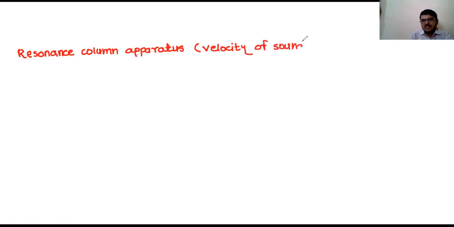How do we determine velocity of sound? By using this resonance column apparatus.